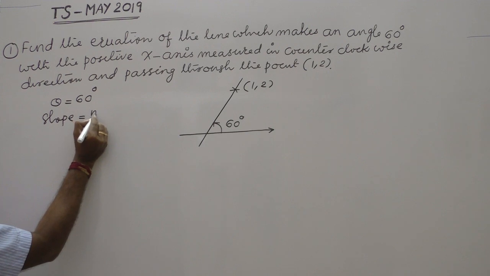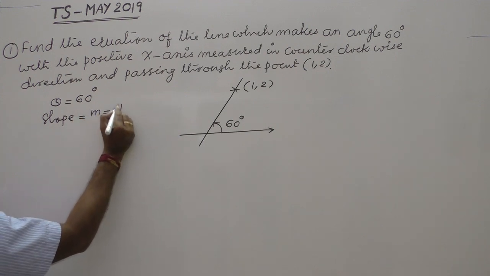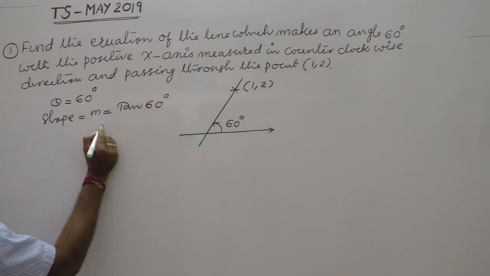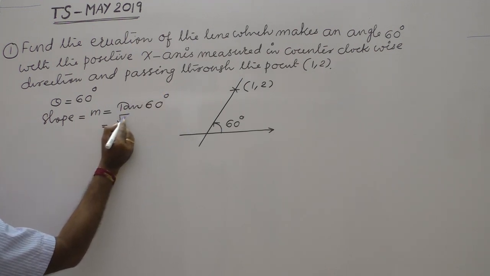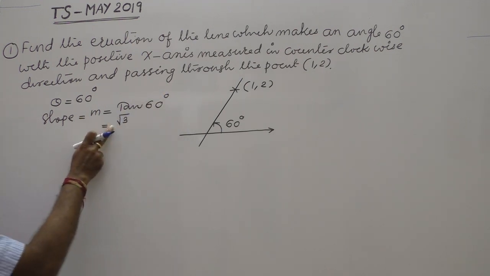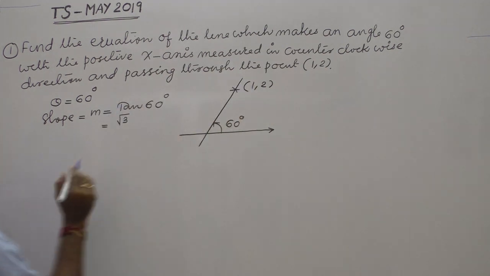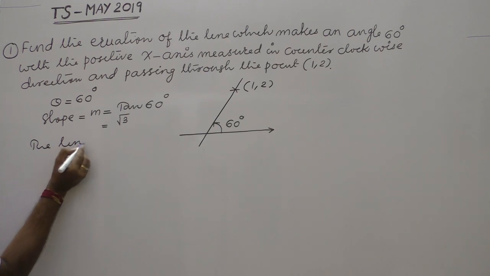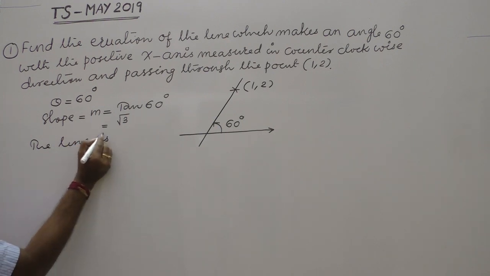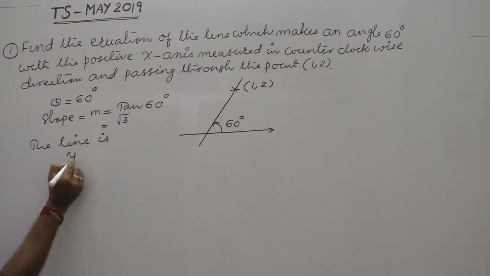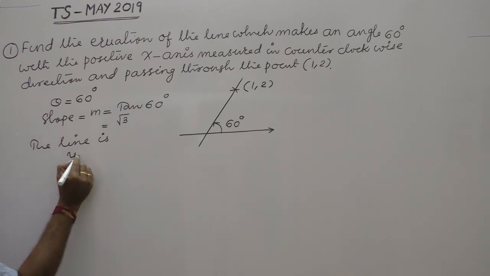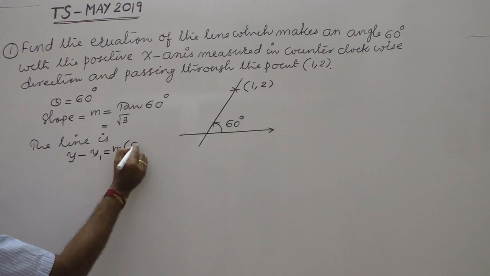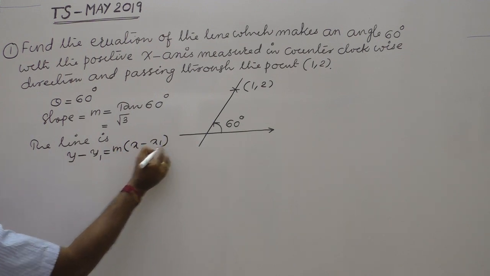Slope of the line m is equal to tan theta, tan 60, and tan 60 is root 3. Slope of the line is root 3. Line is passing through 1 comma 2. Therefore, the equation of the line can be found using point slope form. y minus y1 equals m into x minus x1.